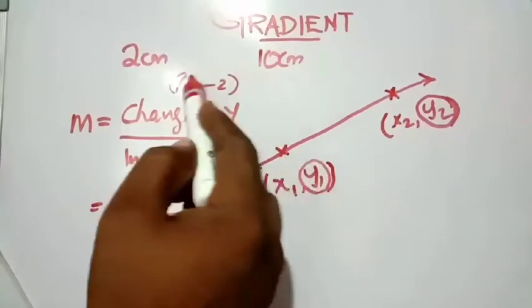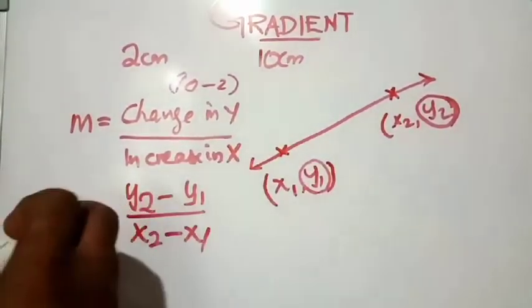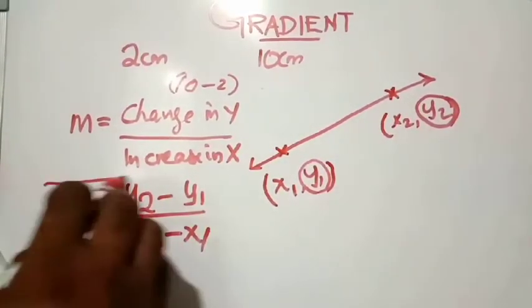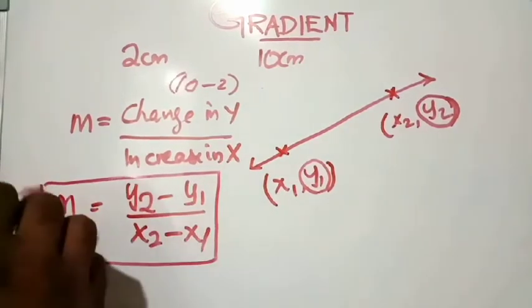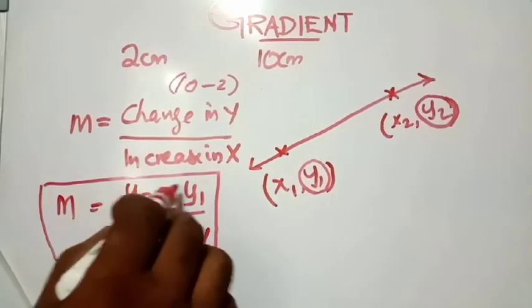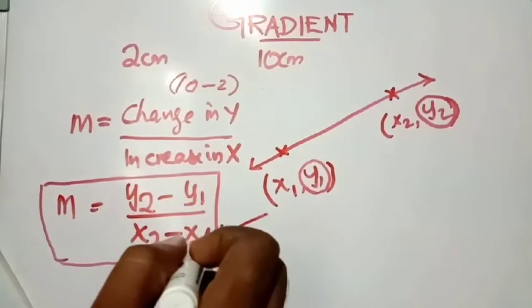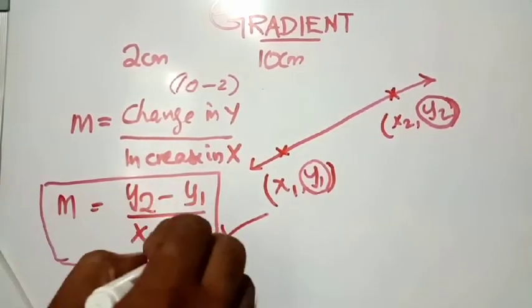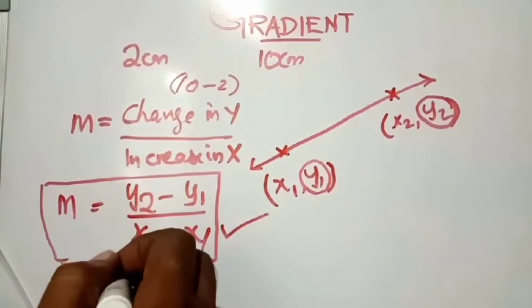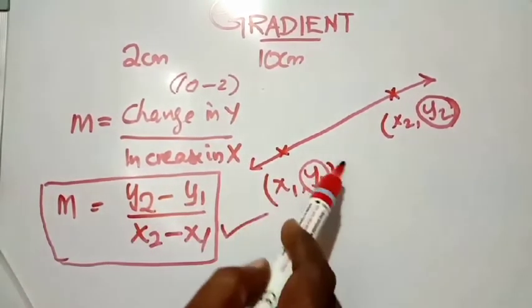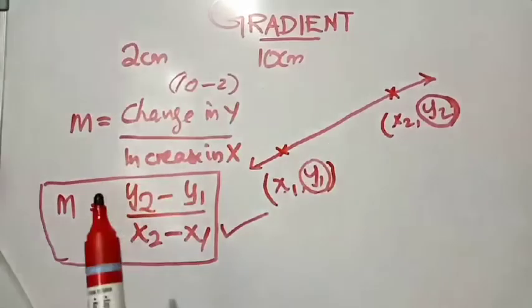Change, increase, both give us the same result here. Okay. So m, gradient, is equal to y2 minus y1 by x2 minus x1 is the formula. This is the formula to find the gradient of a line when the points are x1 y1 and x2 y2.